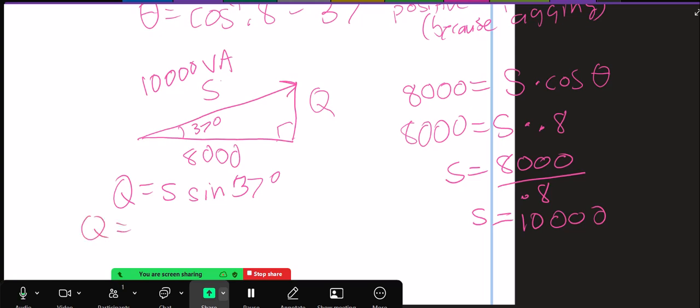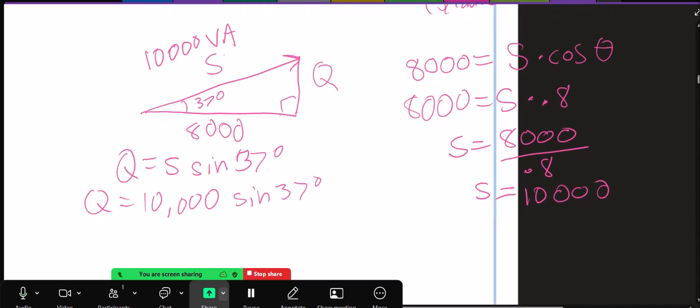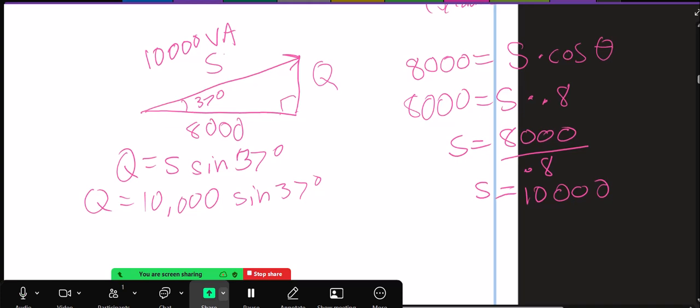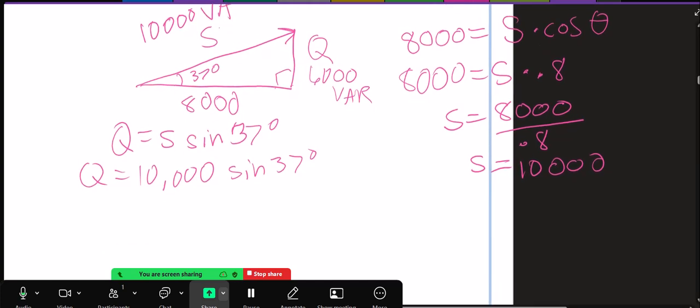Q equals 10,000 sine 37 degrees. And this was set up, this is a 3, 4, 5 triangle, if you recognize it. So that's 6,000 VAR. Now why did I do that? Oh, because it said calculate the complex power of the load. And so now I have it.